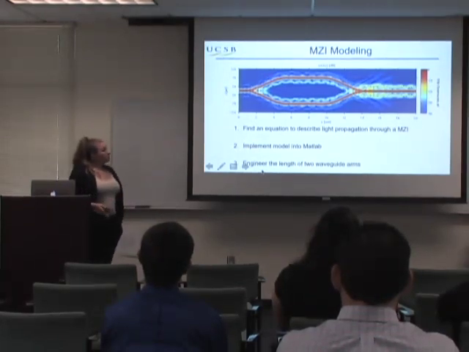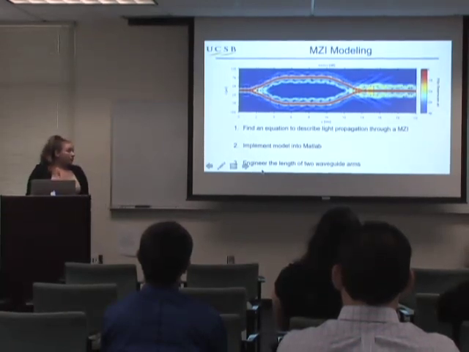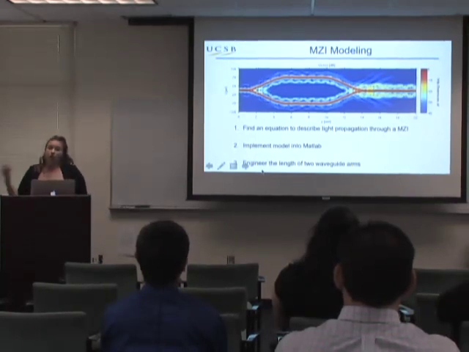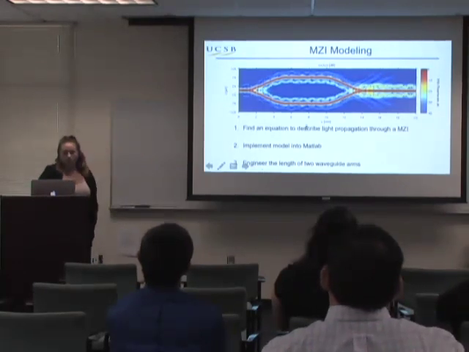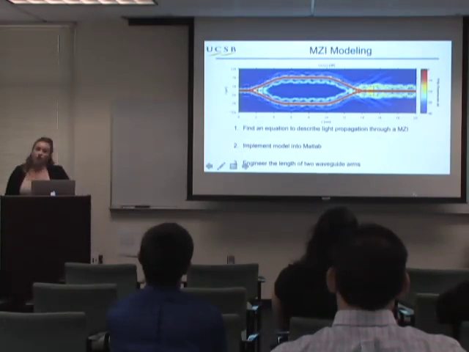So to make our design, we needed to find an equation to describe the light propagating through the Mach Zehnder interferometer. We implement this model into MATLAB, and then engineer the length of the 2 waveguide arms.